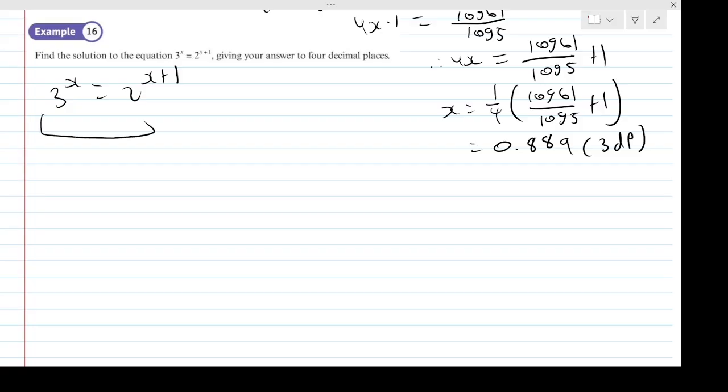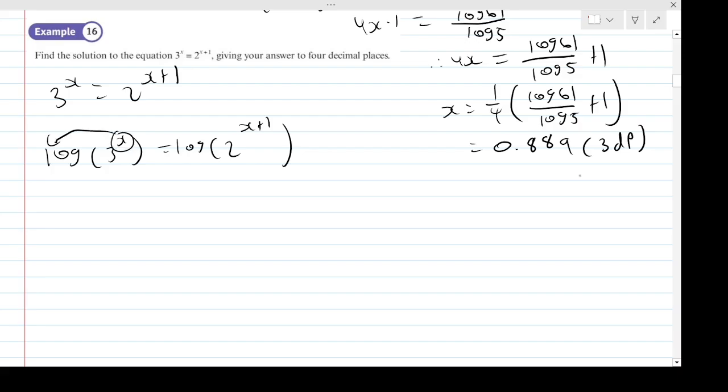So if we take logs of both sides, I'm going to do log of 3 to the x is equal to log of 2 to the x plus 1. And now notice, because they're both powers, I can bring the powers to the front via the log law. So x log 3 is going to be equal to x plus 1 log 2.